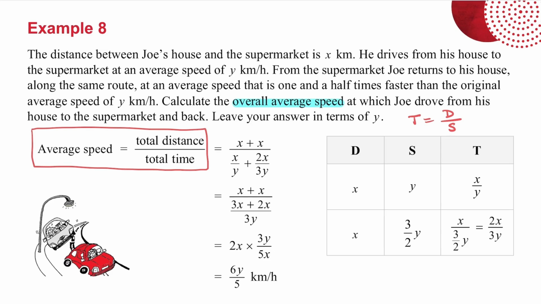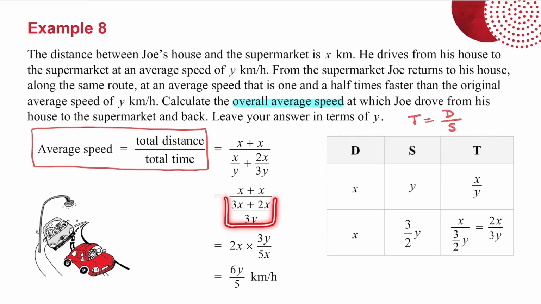So the total distance he traveled was x plus x going to and from the supermarket. The total time was x over y plus 2x over 3y. Get a common denominator with those two fractions of 3y, and on the top you're left with 3x plus 2x.